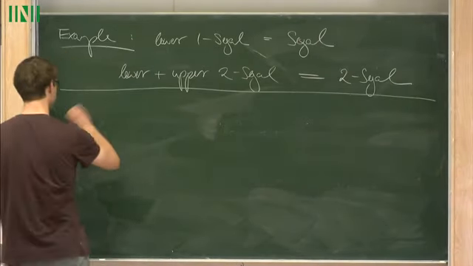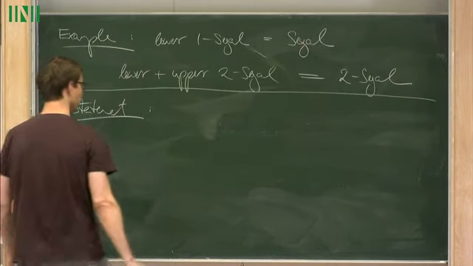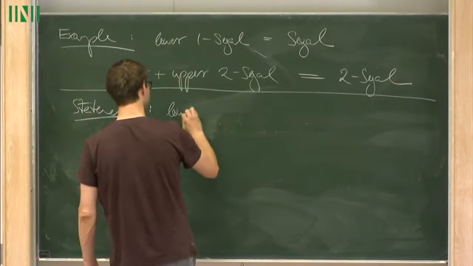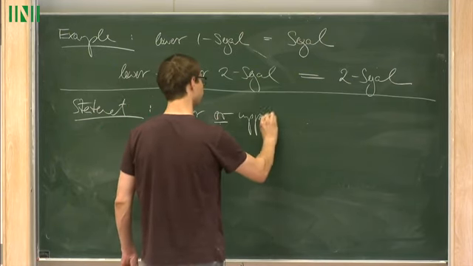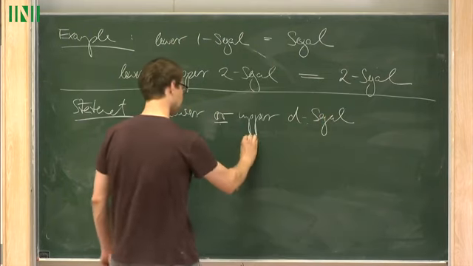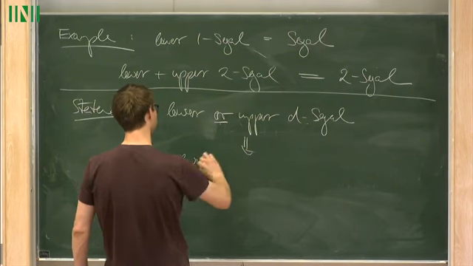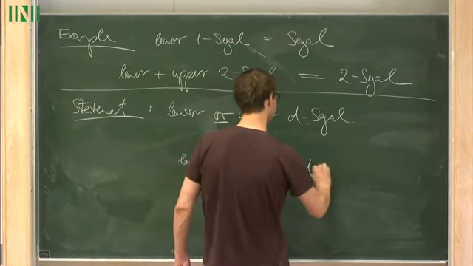It generalizes to the following statement, which is that lower, in fact lower or upper D Segal implies lower and upper D plus 1 Segal.